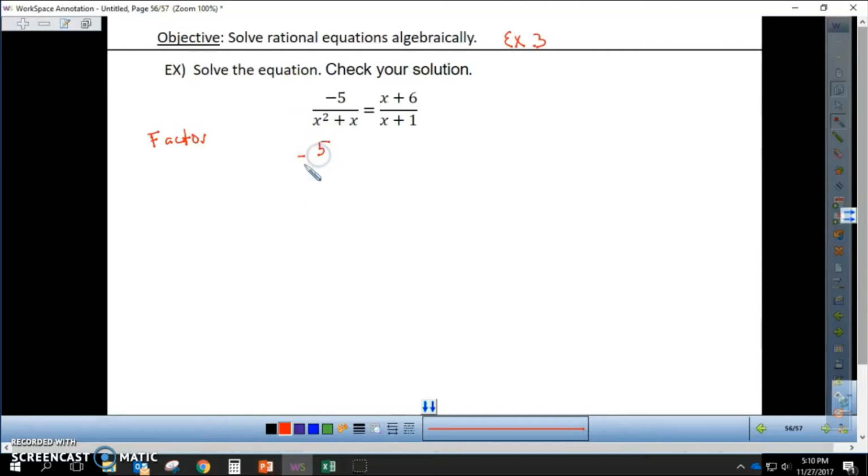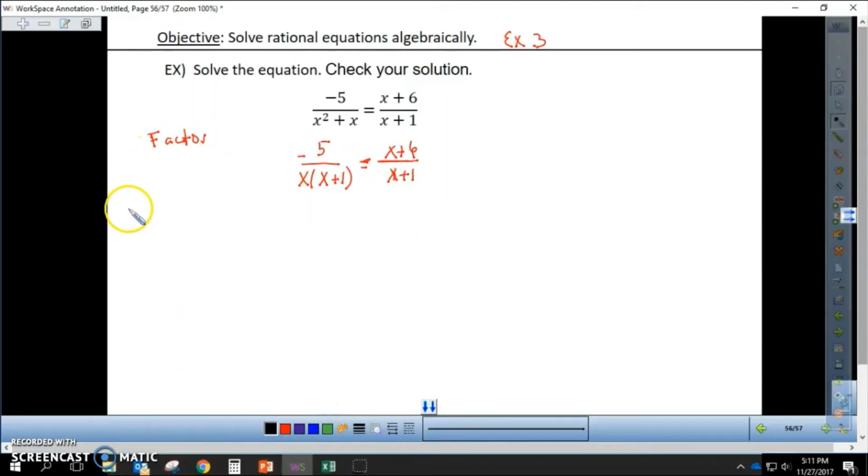So this would give us negative 5 over, and then x squared plus x. I'm going to take out a GCF of x, which leaves me with x plus 1. And then on the right hand side, we have x plus 6. Ooh, getting messy. And we have x plus 1. Okay, so that is the very first step that you need to do.